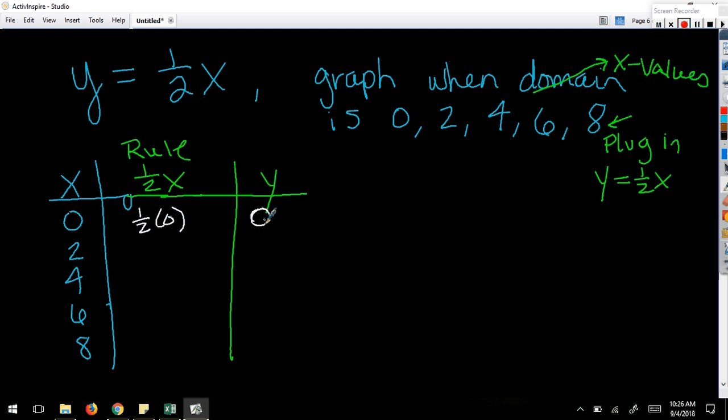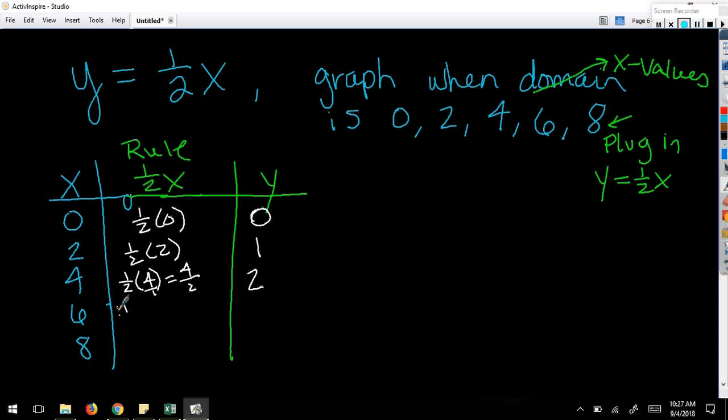How about the next one? 1/2 times 2, which is 1. You finish this and let's see what you get. If you want to do it as a fraction, make it over 1 and do 4 over 2, which is 2. 4 divided by 2 is 2.